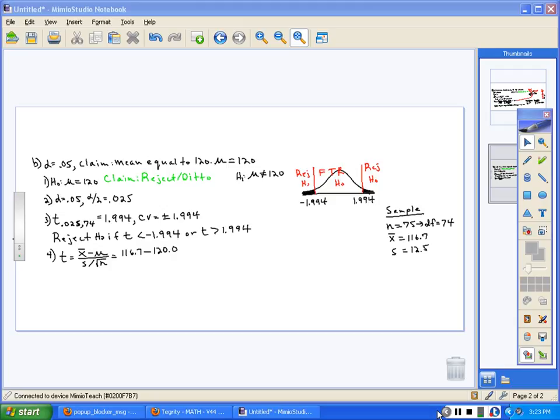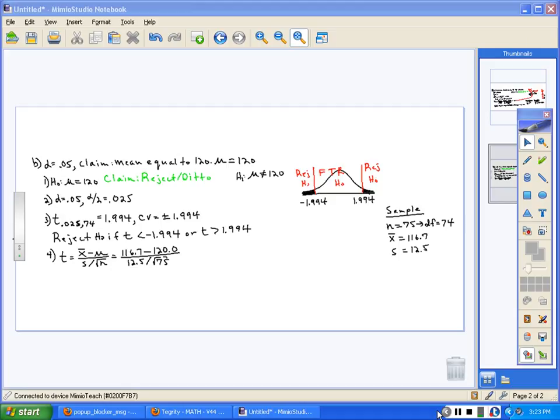I add a 0.0 for no reason except that I like them to have the same number of decimal places, divided by S, which is 12.5, divided by, oh, it's not 85, it's 75. Excuse me, 85 was the last one. Okay, so it's divided by 75.